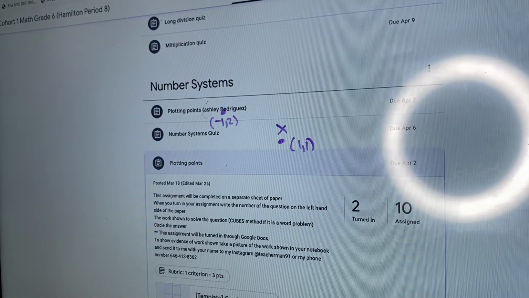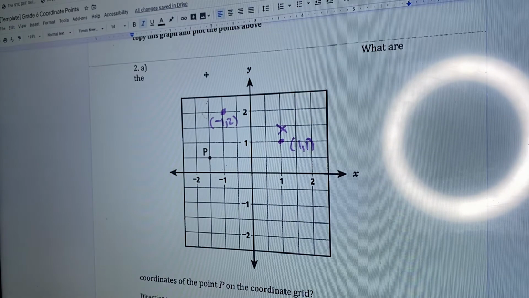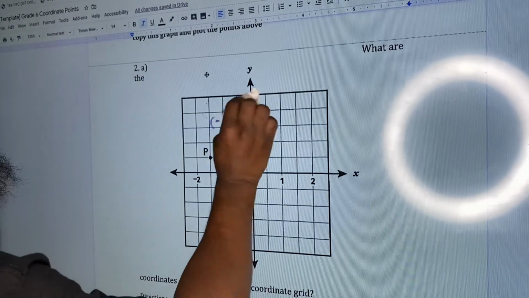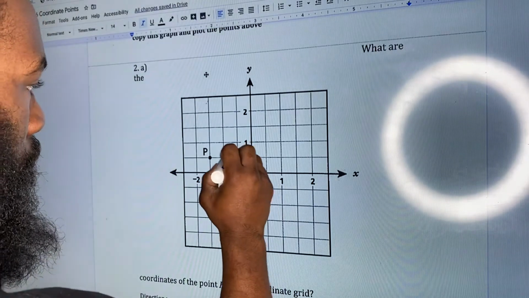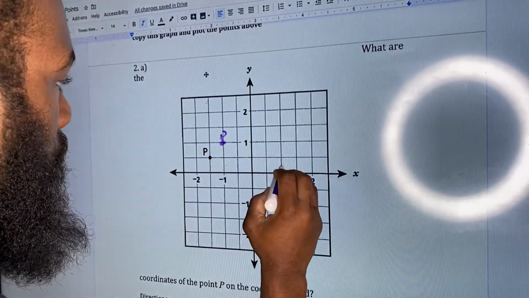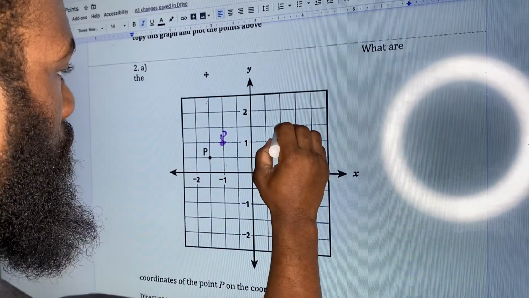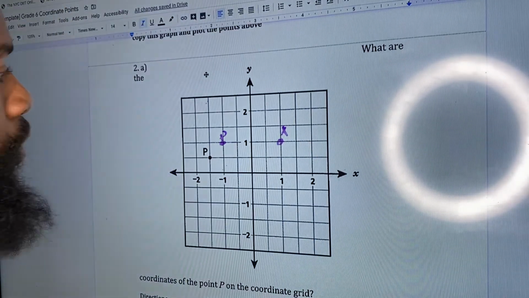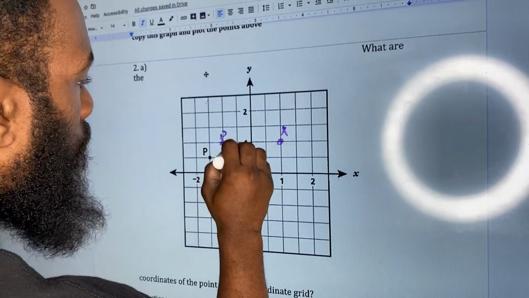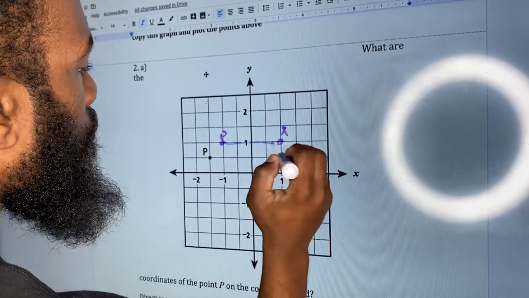Back to this. I'll change the points. Let's say this is point P and this is point X. The distance between these 2 points would be 1, 2, 3, 4.